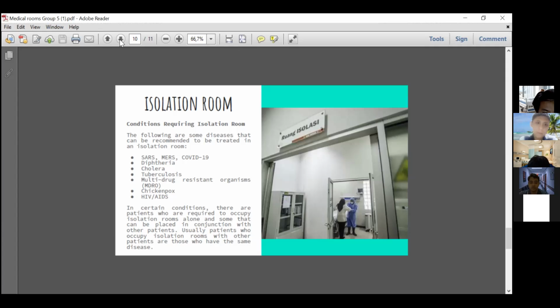In certain conditions, some patients are required to occupy an isolation room alone and some can be placed together with other patients. Usually, patients who share an isolation room are those who have the same disease.